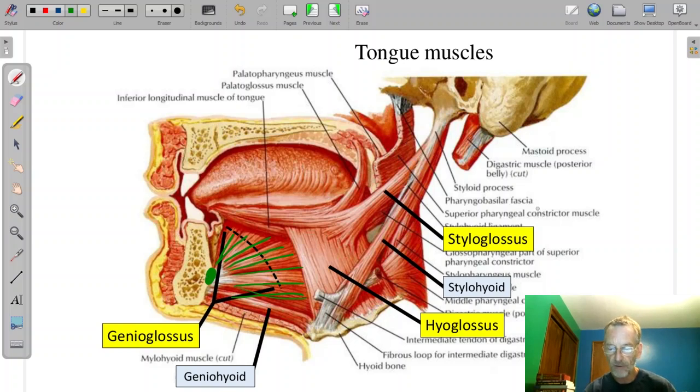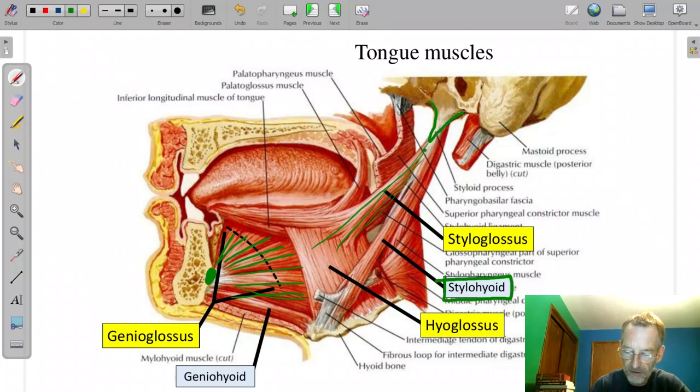The styloglossus, running from the styloid process of the temporal bone down into the tongue. So here is the styloglossus. And put a little note in here just as review, just for a reminder, the stylohyoid muscle, also attaching to the styloid process.